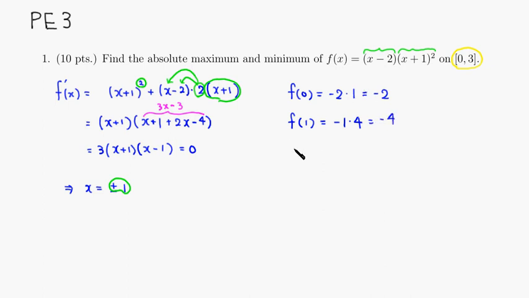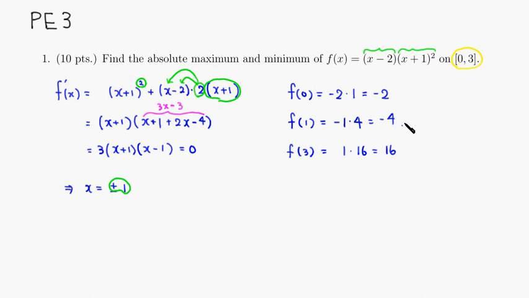Then the last possible place would be 3. If you plug in 3, 3 minus 2 is 1, and 3 plus 1, 4 squared, would be 16. So we get 16. Now we know which one is the largest.